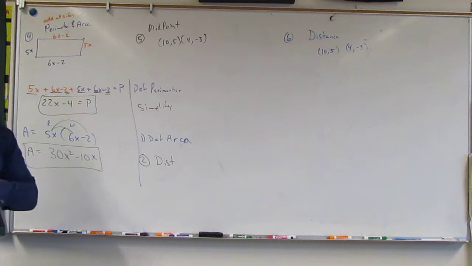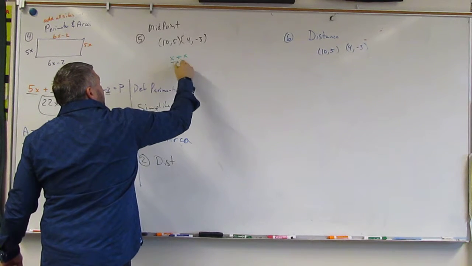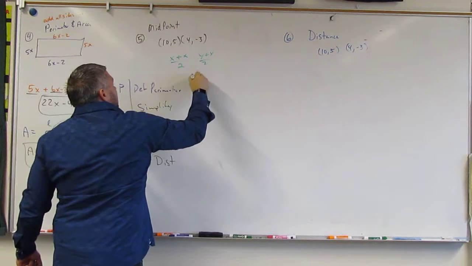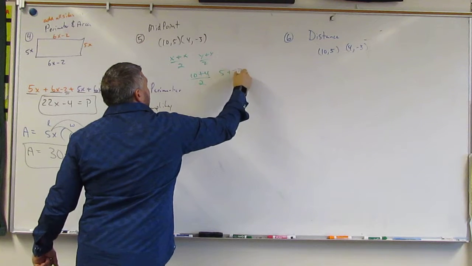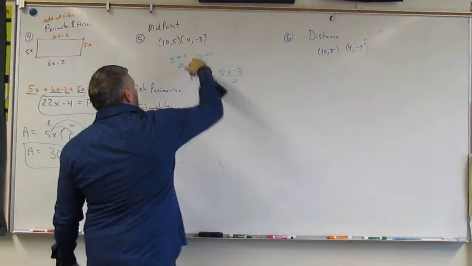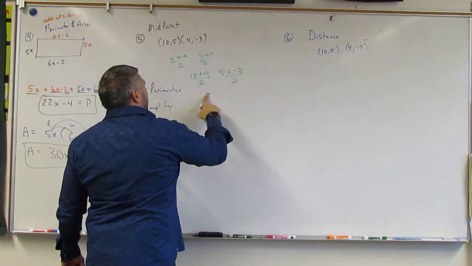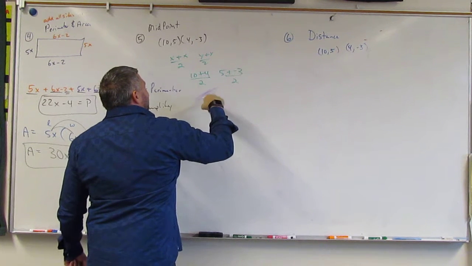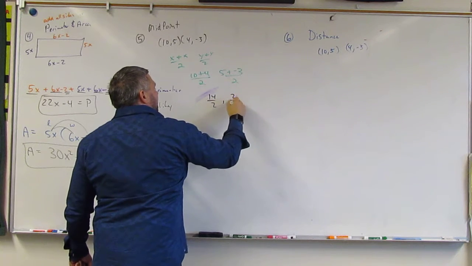Alright, so midpoint. What are we going to do? x plus x over 2, y plus y over 2. So that just means 10 plus 4 over 2 and 5 plus negative 3 over 2. So we have 14, I was adding the x's. We have 14 over 2 and 2 over 2.